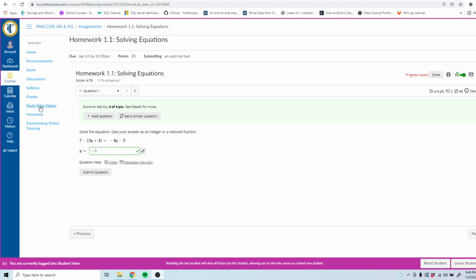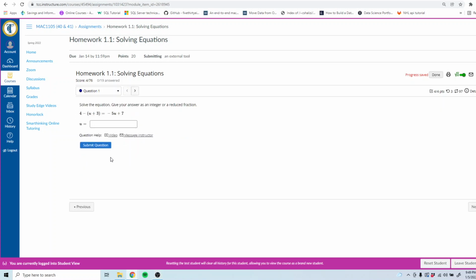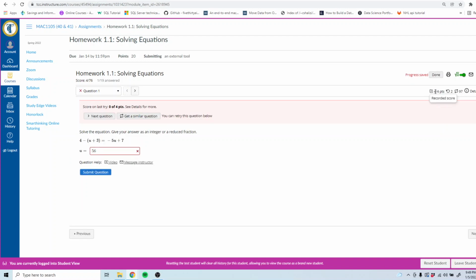So I got my points. Well, maybe I don't feel confident. I want to make sure I can do it again. If you get a similar problem and you answer it and you get it wrong, you still get your points saved. So as soon as you get a problem right, it's right forever. You don't have to worry about losing your points. You can always try it again if you feel like you need to.